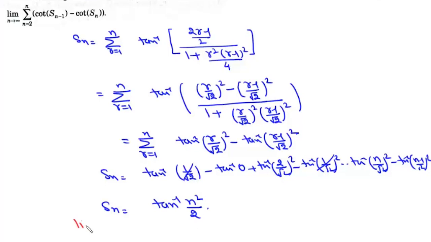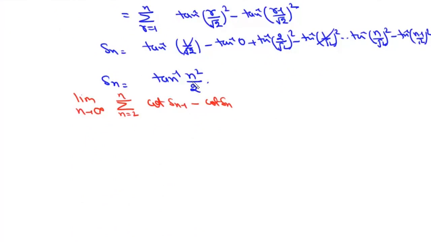Now we need to find this limit n tends to infinite, this summation n varies from 2 to n cot Sn minus 1 minus cot Sn. Tan inverse n square by 2 is cot inverse 2 by n. So we can write this as limit n tends to infinite, and then this summation n varies from 2 to n, and here it will be 2 upon n minus 1 square, and this one is going to be 2 upon n square.